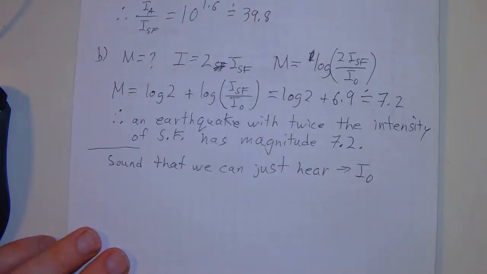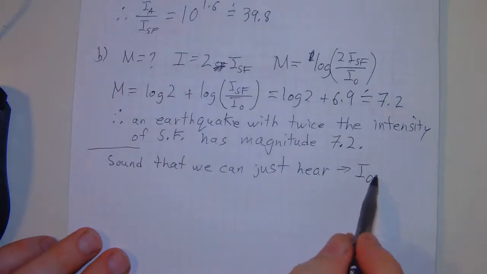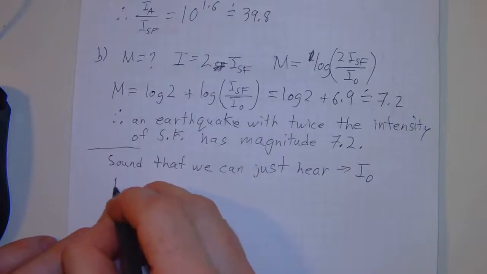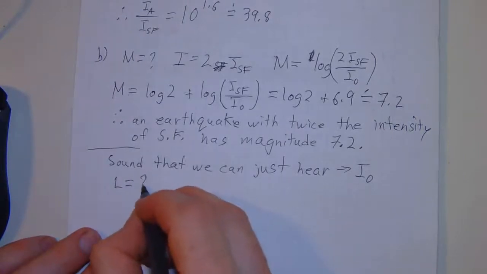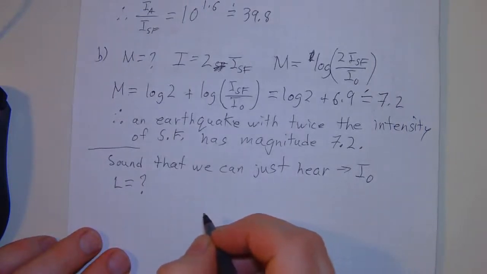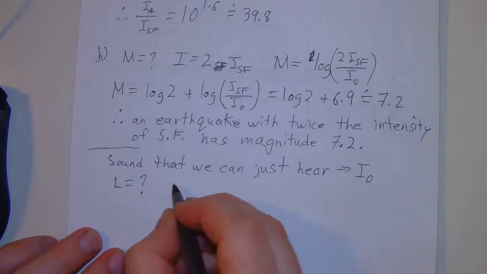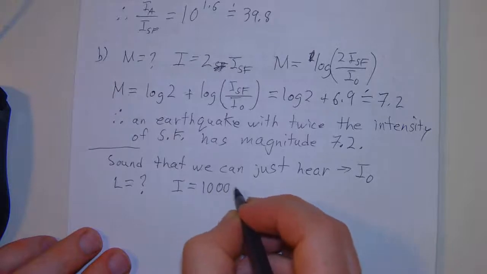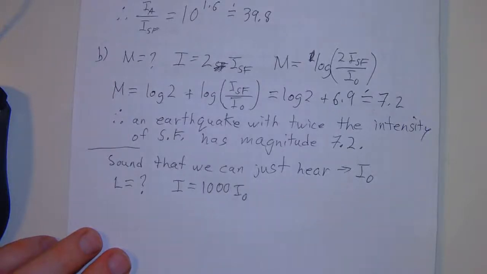So the reference intensity here, we don't know its value in terms of energy or pressure of the wave or anything like that, but we know that I naught is a sound that a human can just barely hear. So we want a sound that is 1,000 times that, and we want to know its decibel reading, so L for loudness. We know that the intensity of this sound is 1,000 times a sound we can just hear, which is I naught.